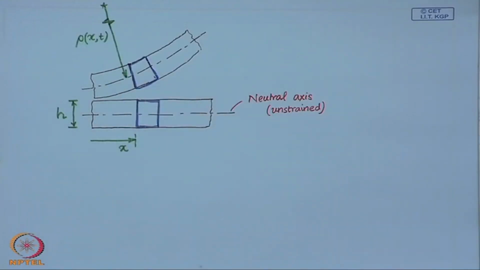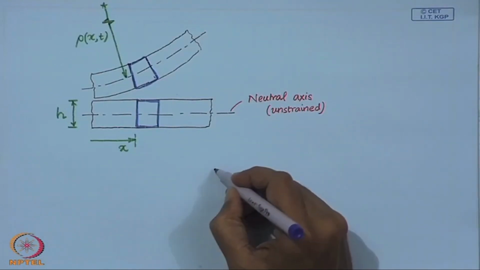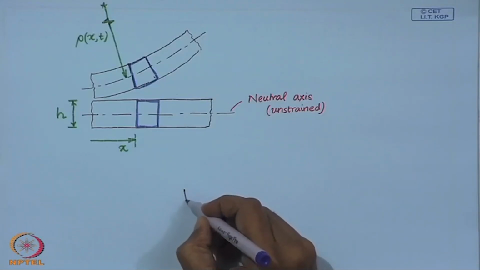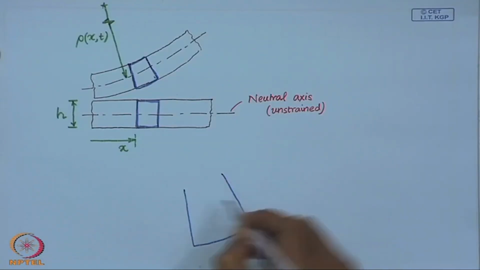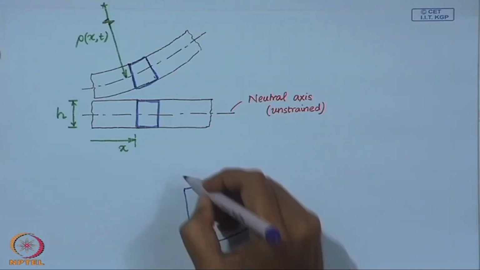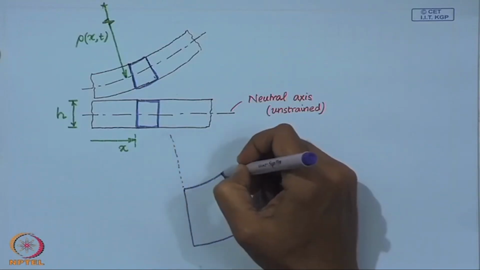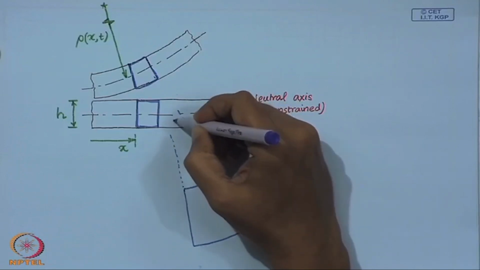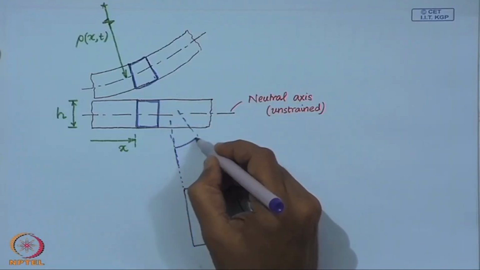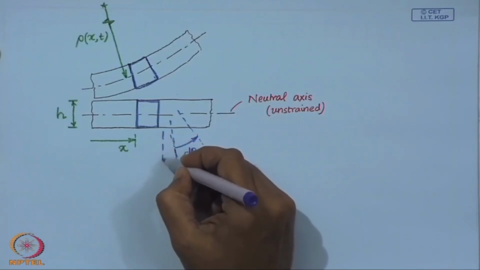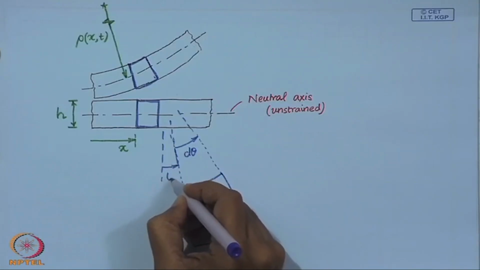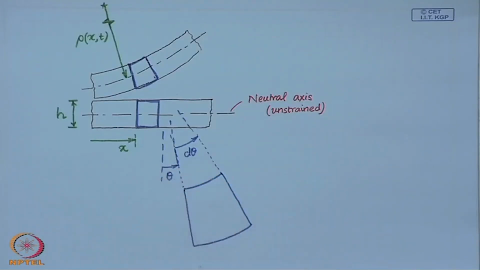Now, let us draw the free body diagram of this element. Let this element be of angle d theta. This is an exaggerated figure. So, this angle is theta and the angular length is d theta.